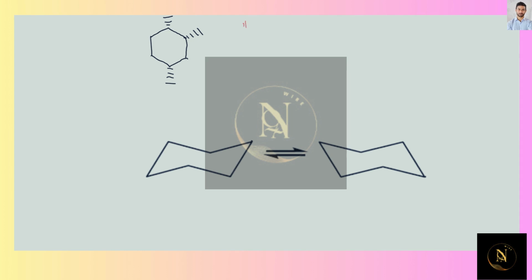First of all, remember that whenever we have this type of bond, it is going to be looking down the plane. And if we have bonds that look like this, they're going to be looking up the plane.